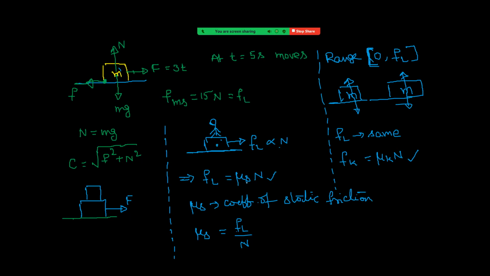So here mu s is the coefficient of static friction. Here mu k is the coefficient of kinetic friction. So the only difficulty is calculating static friction because it can have any value from 0 to the limiting value. So we must be very careful while calculating static friction. And next, one more point: mu s is always greater than mu k.